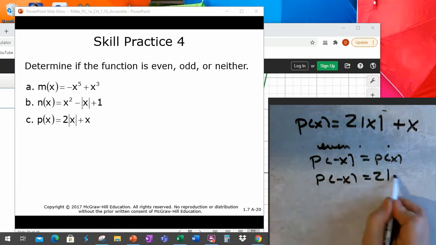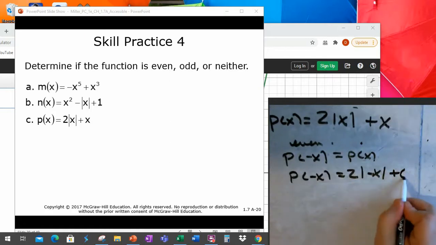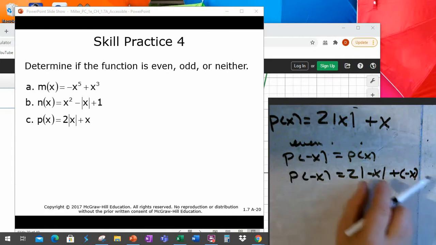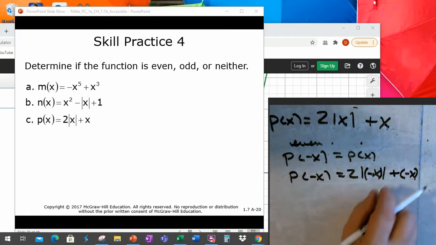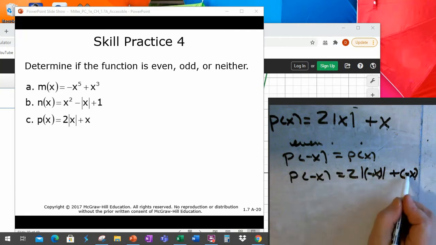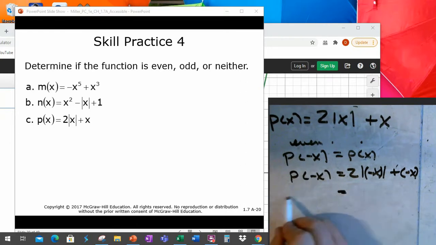2 times the absolute value of negative x, plus, negative x. Here I'm putting parentheses in, but that's okay because the absolute value takes care of that. But I may need to put it in here as well. This now comes out, right? Plus times a minus is a minus. But again, the absolute value of negative x is equal to the absolute value of x.